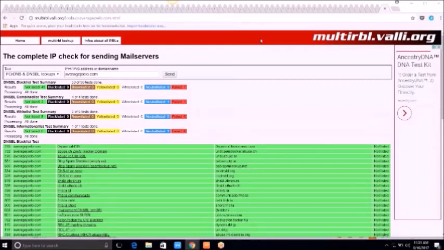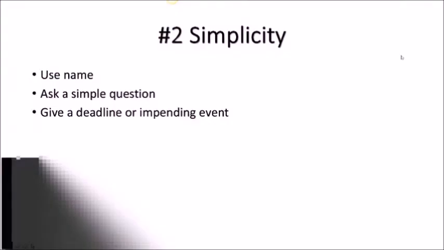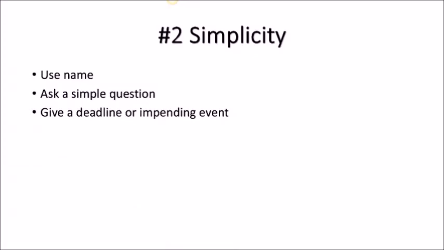Okay, here we are. So method number 2 is simplicity. Now, check this out, guys. One of my all-time highest response rate emails was an email that I send to folks that have requested information specifically from me on a particular topic.